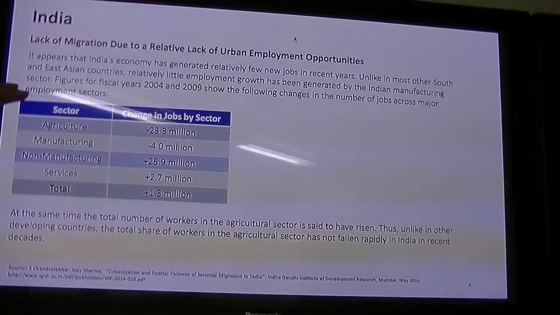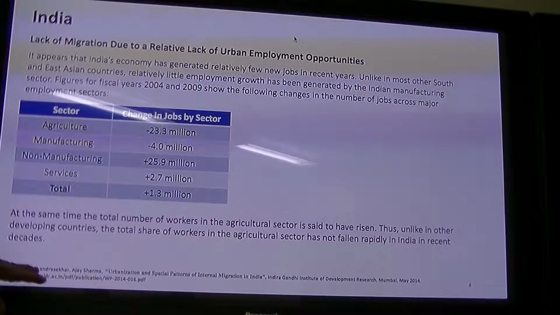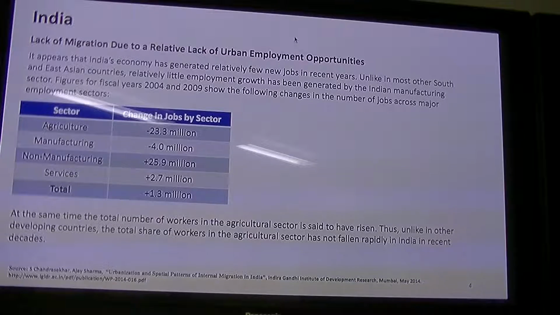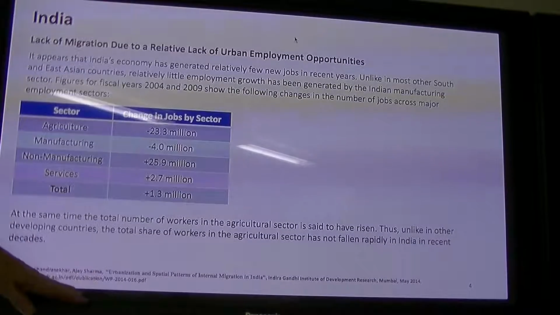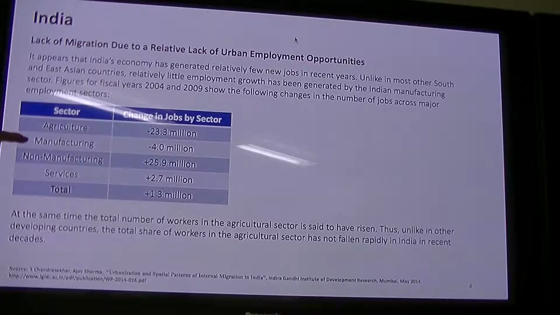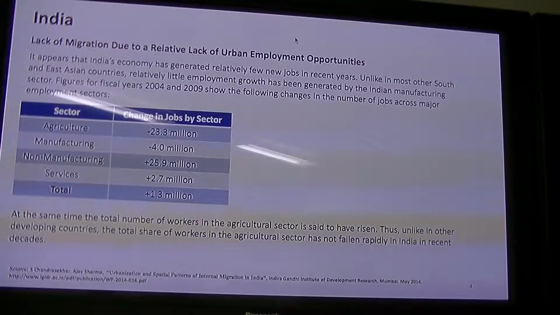So here are some figures, and I got this out of a paper where some Indian economists were writing about this. So I assume maybe they know a little bit more than I do. Rather than trying to punish myself, I got some figures that they have, and one of the things it shows is that they're claiming that the manufacturing sector between 2004 and 2009 actually shrank.